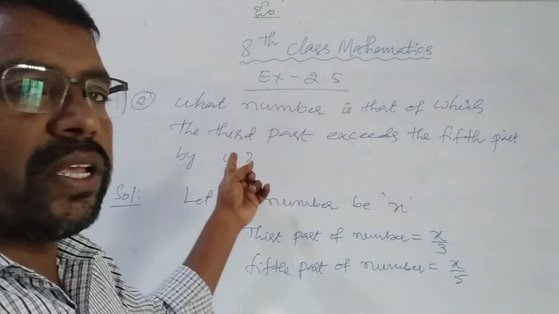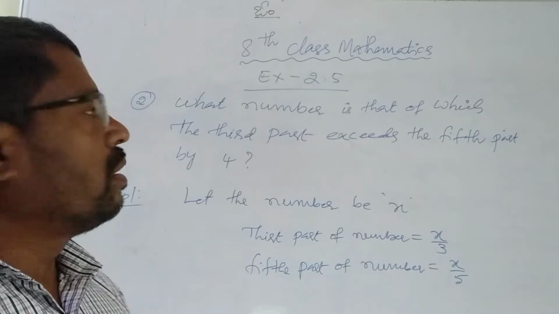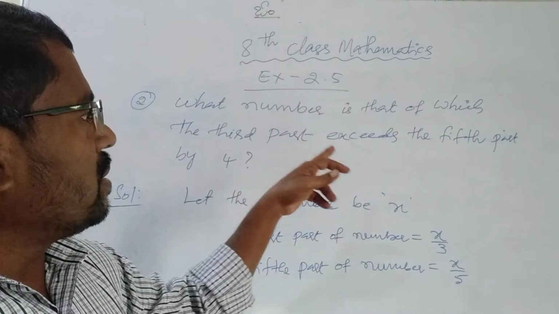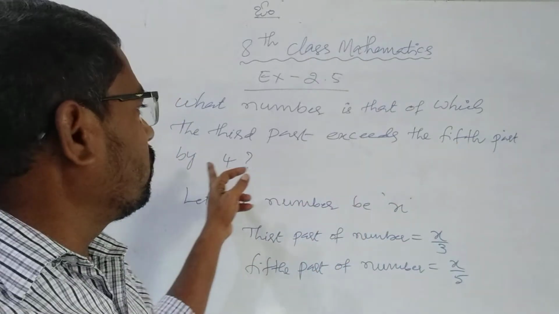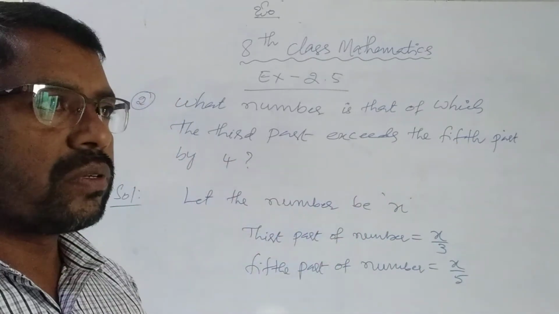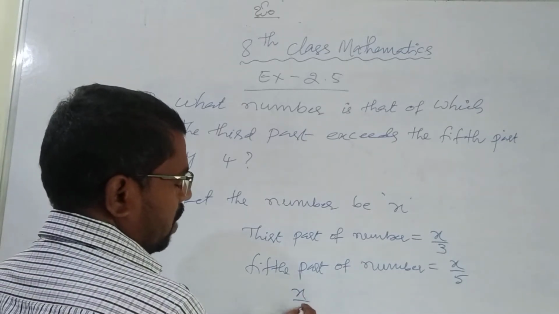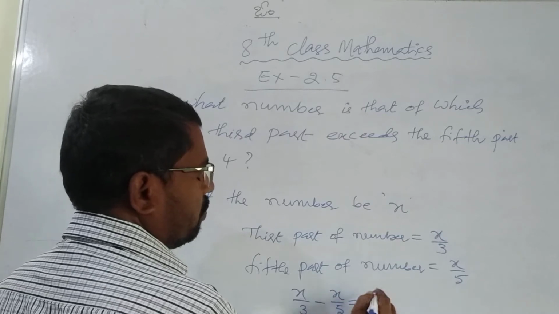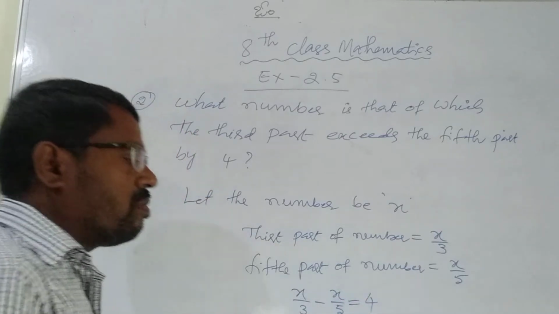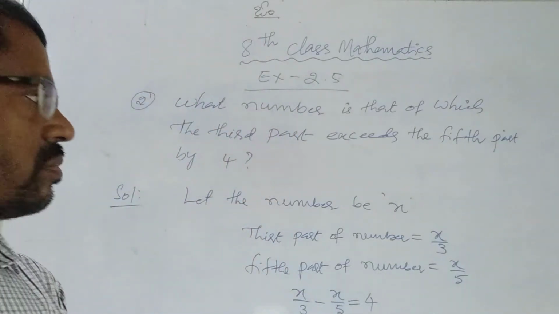But the given question is, once you see properly and understand, what number is that of which the third part exceeds the fifth part by 4? That means x by 3 minus x by 5, the difference between these two is always 4. This is our equation.